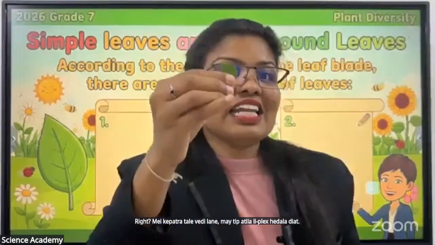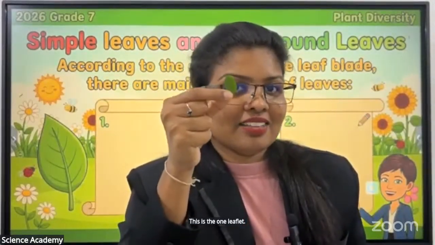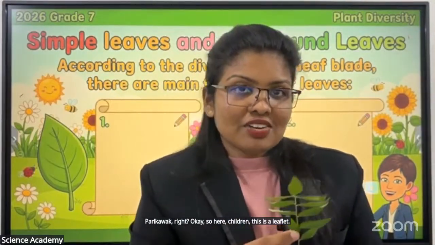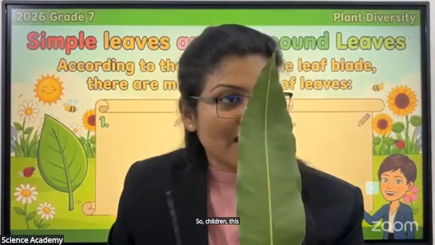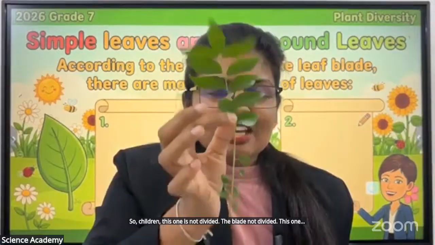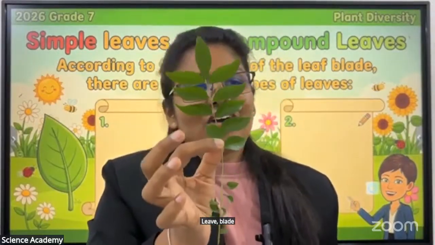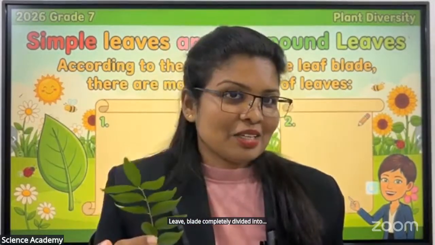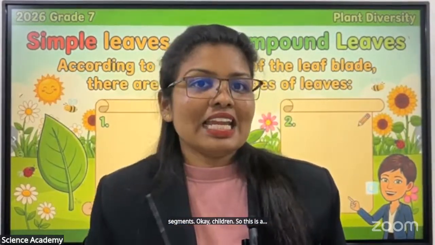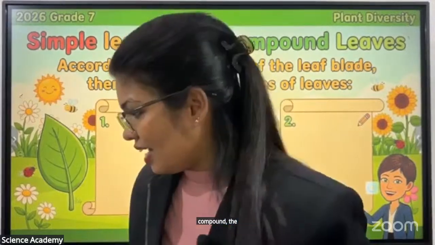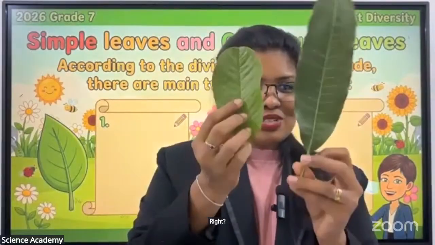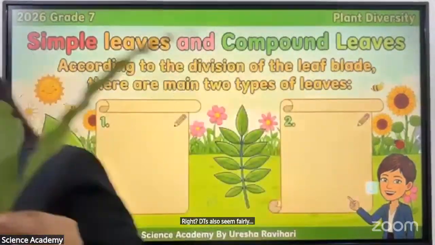This is one leaflet. Okay. So here children, this is a leaflet. So children, this one is not divided. The leaf blade is not divided. This one's leaf blade is completely divided into segments. Okay children. So this is a compound leaf. This is a simple leaf. I'll show you simple leaves. Right? This is also a simple leaf. Okay? Right.